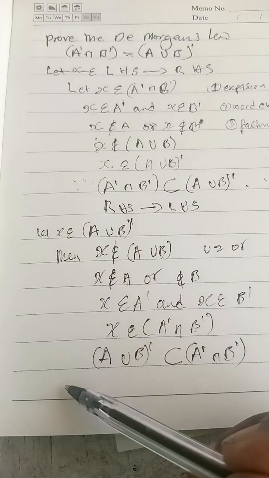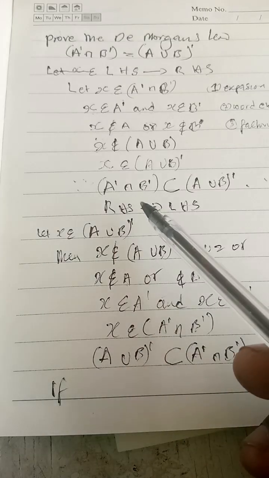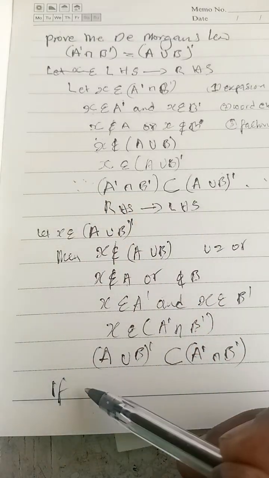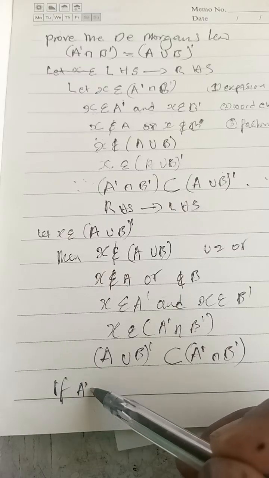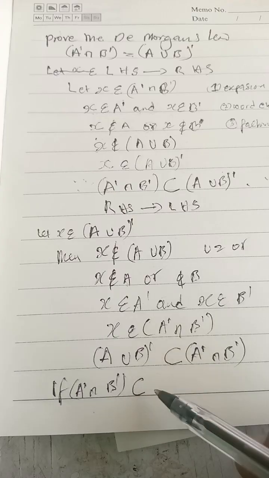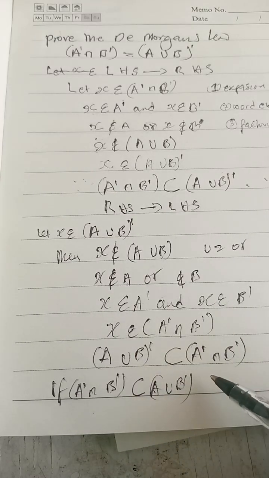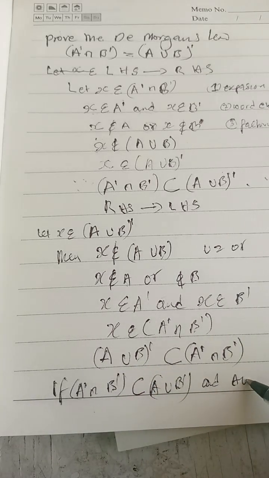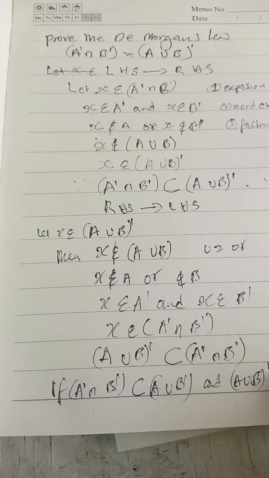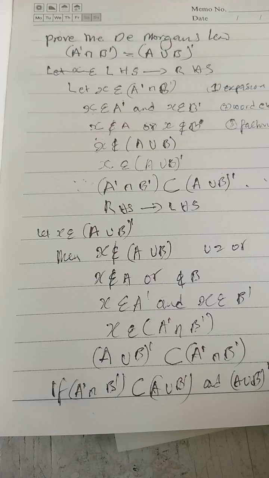Now, the last statement you need to say is: if what we answered here, intersection, B, subset, and you also write here, forgive me for my pen, it's the way I'm writing, which is not sufficing me to write properly.